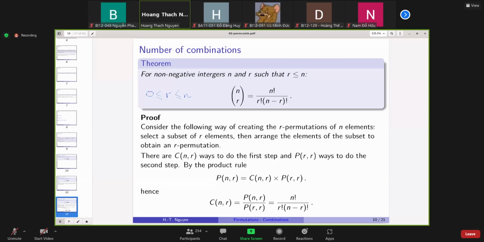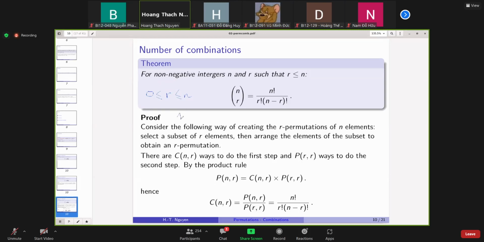In the proof of the formula for r-permutations, we selected the elements of the r-permutation sequentially. Now we will do it in another way. We will choose a batch of r elements first, and then we will arrange them later.